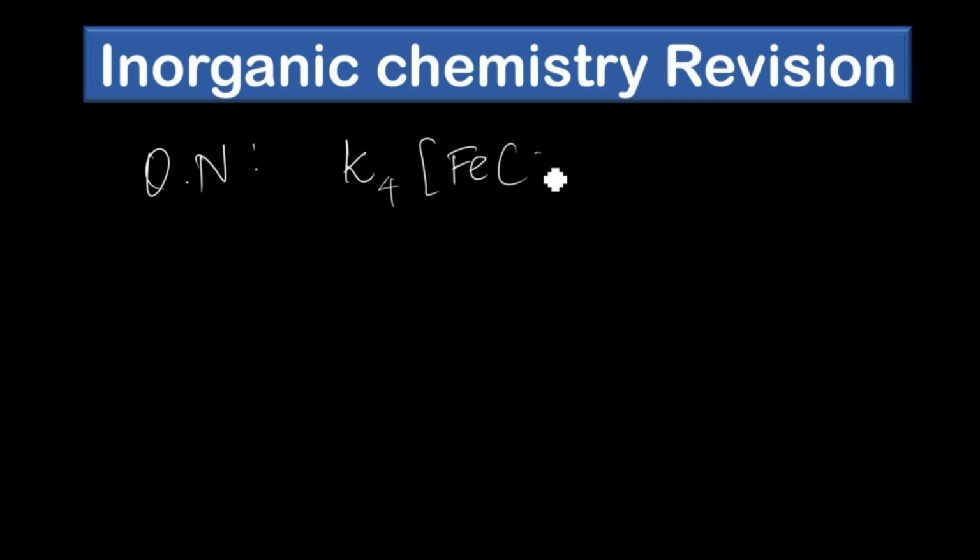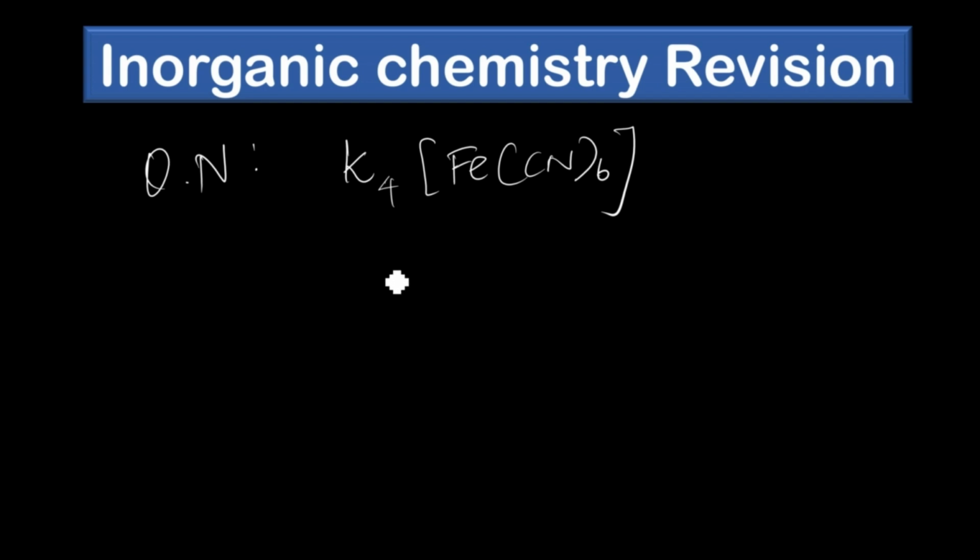First one, K4[Fe(CN)6]. Whenever there is any metal or element outside the coordination sphere, check whether it is a cation or anion.